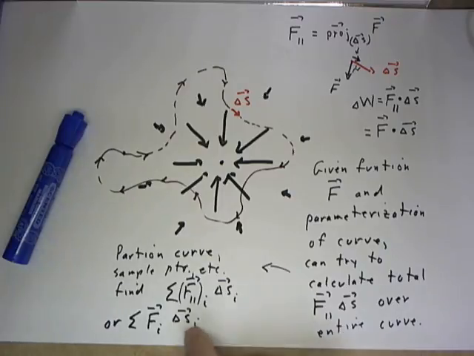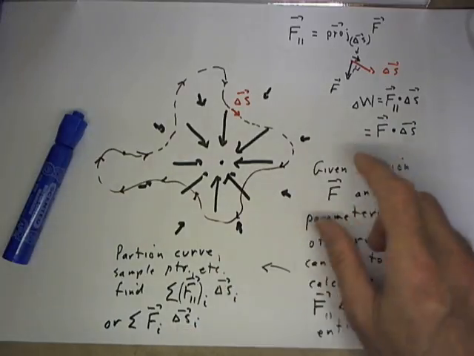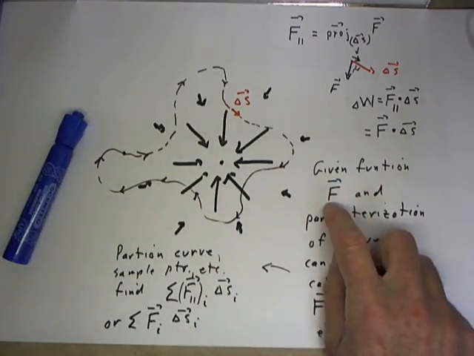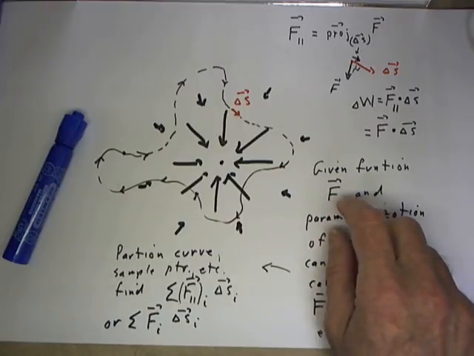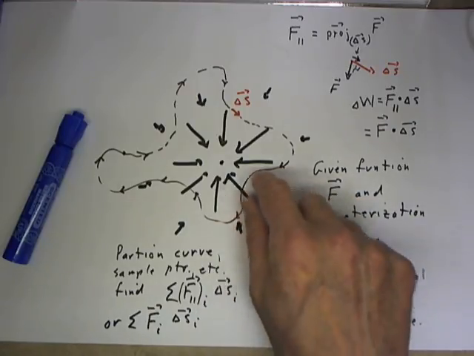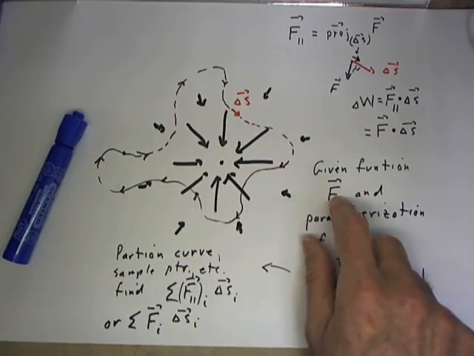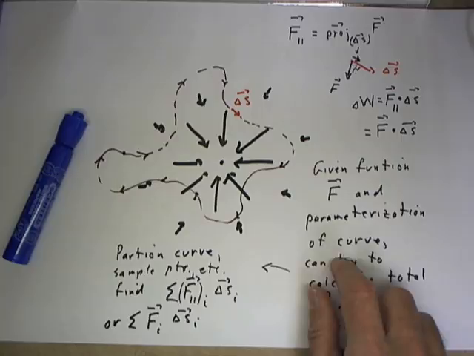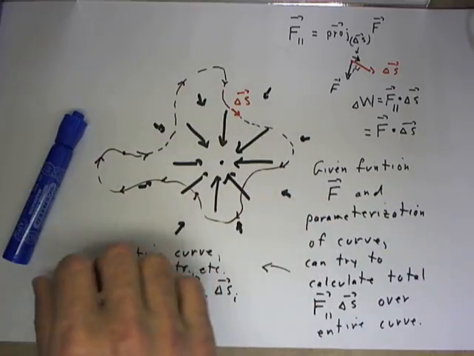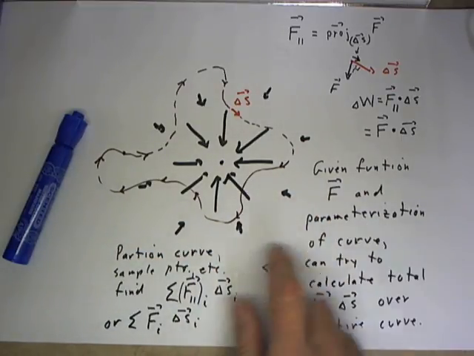I'm just writing this notation to remind you of what you know about the process of integration. We'll make all this specific. We haven't even said what our variable is for the function. Of course, f will probably be a function of a point in space or the point in the plane, and the parameterization will give us points in space or points in the plane. We'll worry about the details of this later.